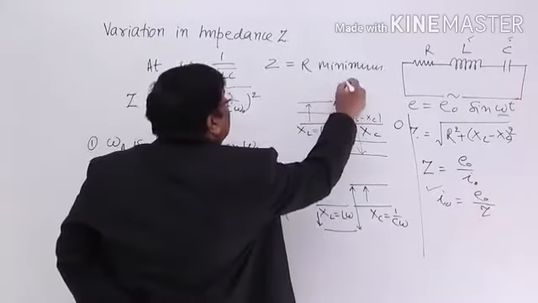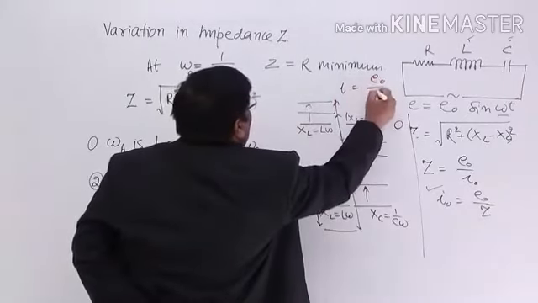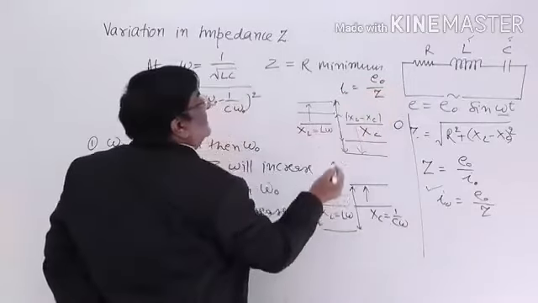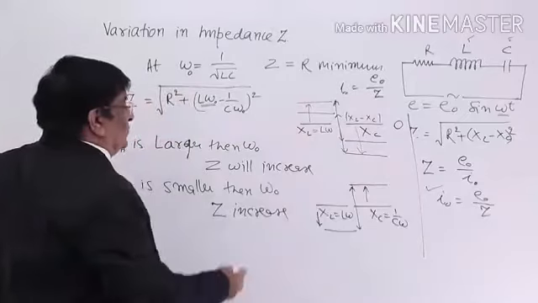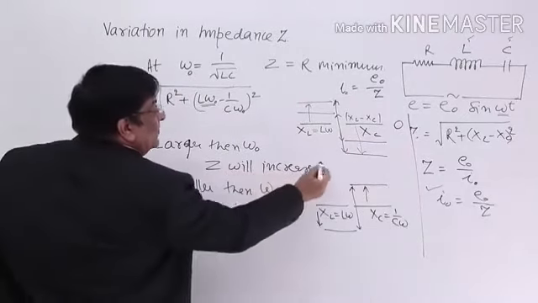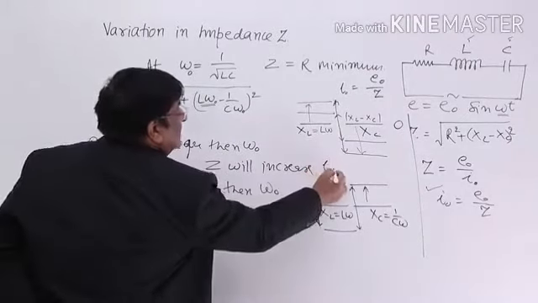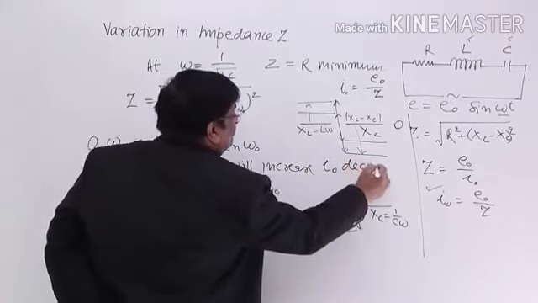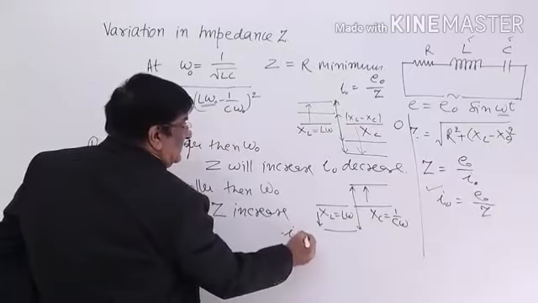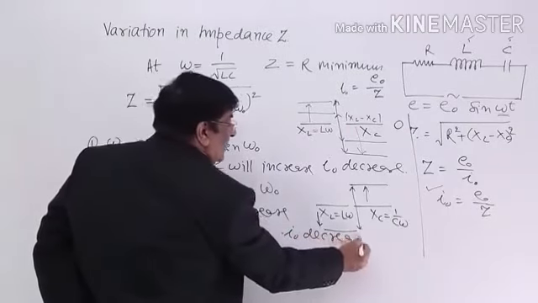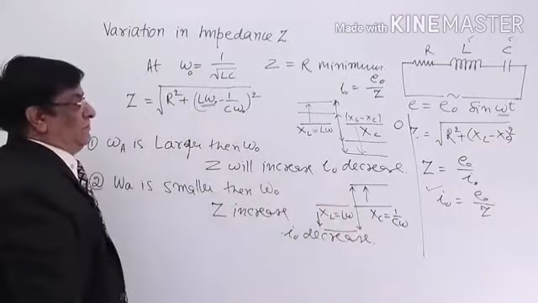Answer: current is E naught upon Z. If Z is increasing, current will decrease. So here I decreases, and here I decreases.